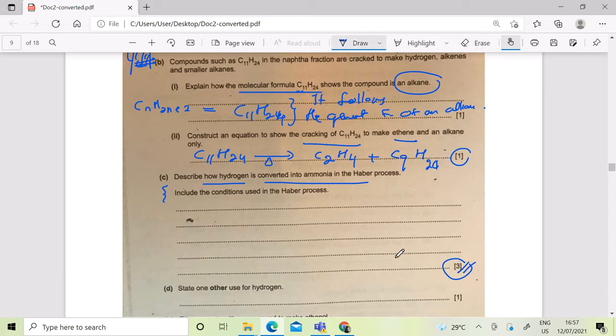It's better to write the equation. Sometimes you might get the equation mark, hydrogen gas and nitrogen gas. This indicates how hydrogen is converted to ammonia. So hydrogen gas, nitrogen gas in an equilibrium process convert into ammonia.